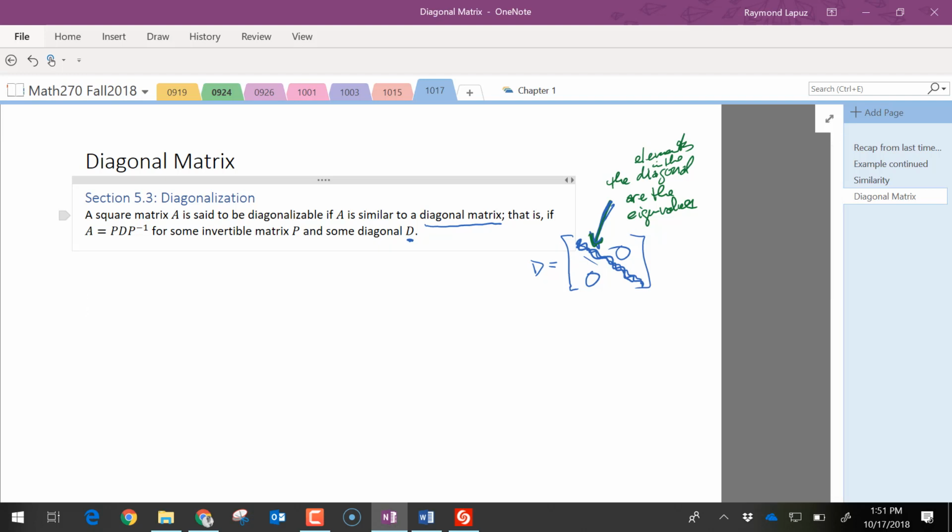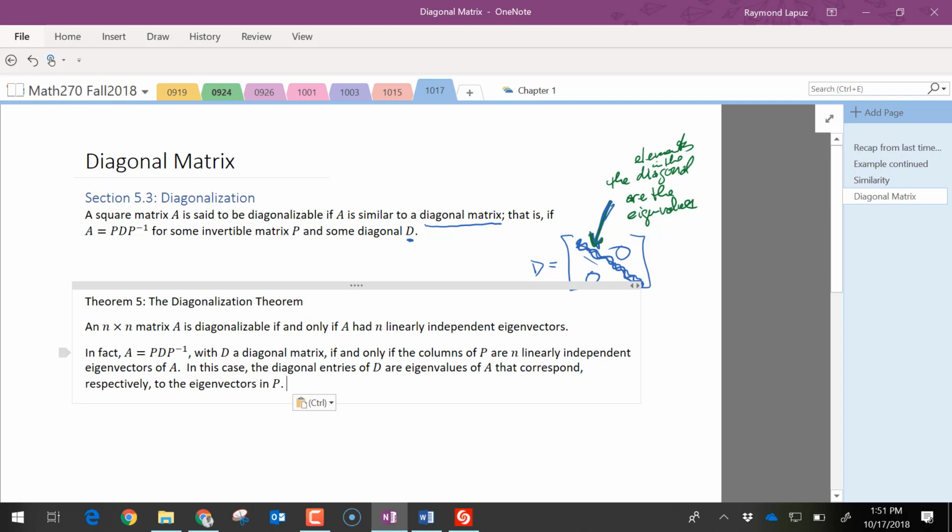Okay? So now Erica had a question about what that invertible matrix P is. If you can find the similar matrix D, now you have to find a P. And that P can be found by this thing called the diagonalization theorem. The P will actually be made up of eigenvectors in columns.